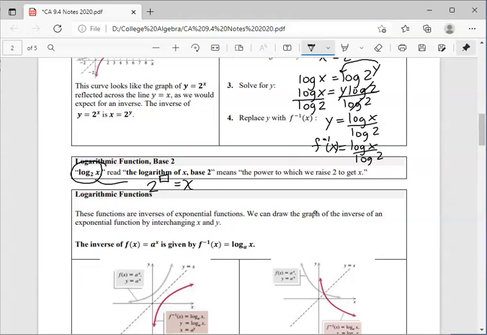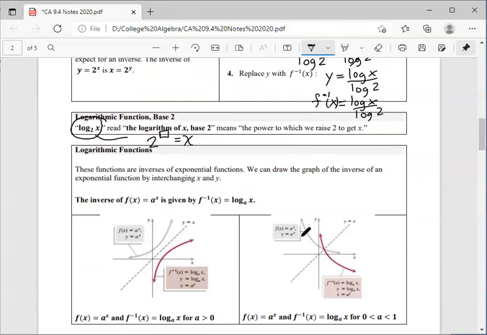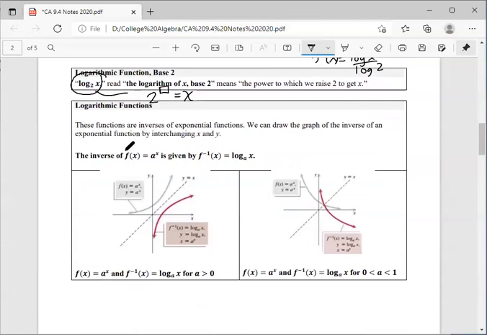Okay, so if you look at the inverse of f of x equals a to the x, it is given by log base a of x. So it kind of gives you a definition of how you can get from one to the other. If a is greater than 1, like 2, 3, 4, 5, you're going to have exponential growth, and your logarithm is going to be upside down like this.